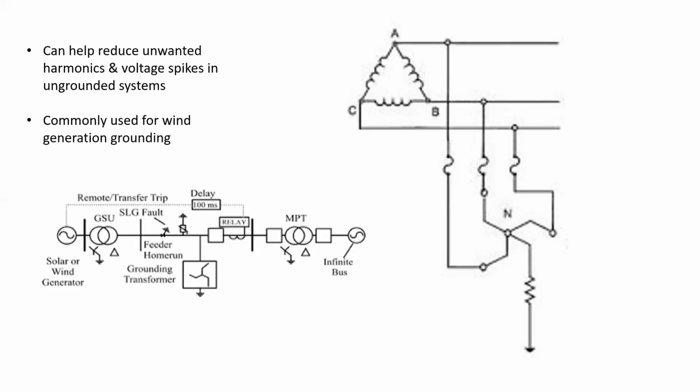So it can help reduce unwanted harmonics and voltage spikes in ungrounded systems. And we very commonly see these used for wind generation grounding because those are usually an ungrounded supply. And so we can see on some of the diagrams, they'll show a grounding transformer and this sort of odd star or zigzag type formation.